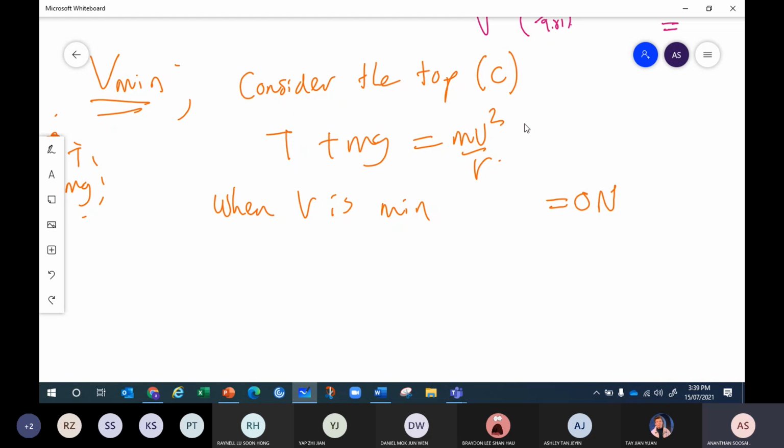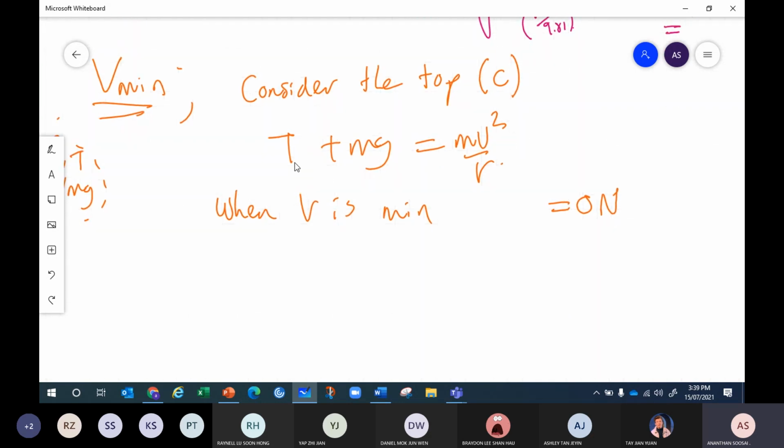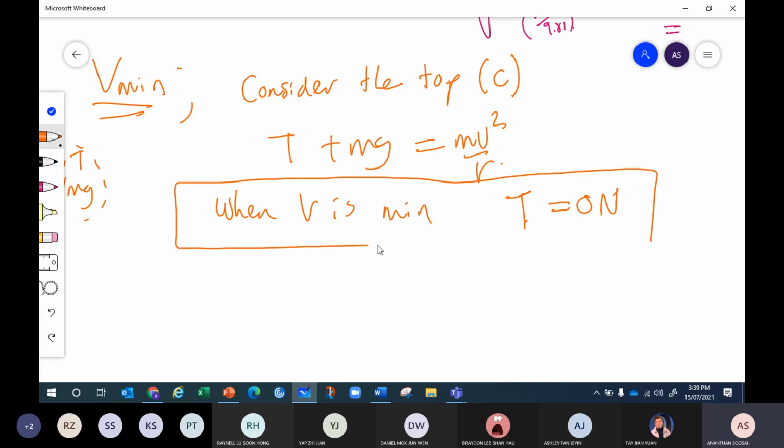When the centripetal force goes down, the tension goes down. But the lowest tension it can have to stay on the circular path is 0 Newton. When V is minimum, tension must be 0 Newton. Very important statement.